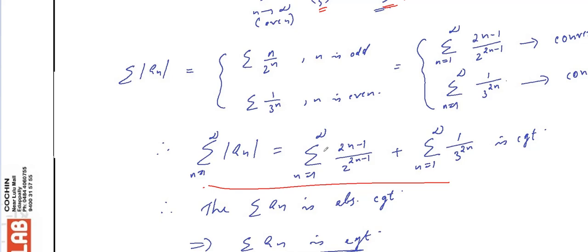I have taken all the odd terms together, and I got sigma n by 2 to the power n. Similarly, as I take all the even terms together, I get sigma 1 by 3 to the power n. That's it, modulus of a_n. So we are taking only positive terms, right? We are going for absolute convergence.